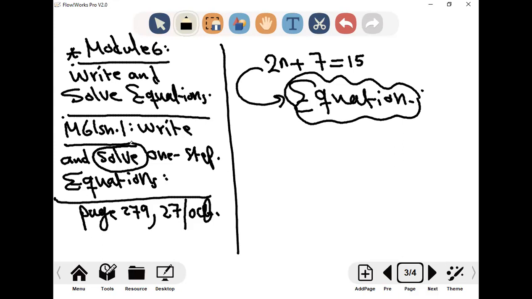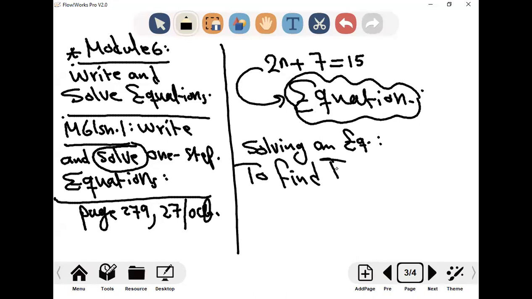So here, when I say solve equation, solving an equation means to find, focus, the value of the variable, of its variable.